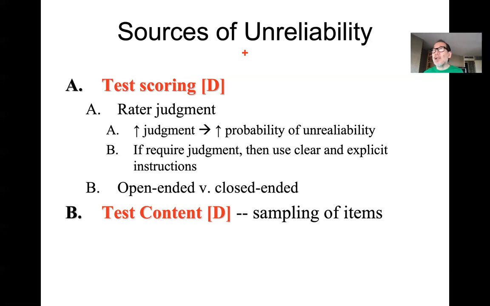To the extent there's lack of clarity in terms of what the question is asking, could it pull out different responses from different examinees, or from the same examinee but at different times, because it's not clearly worded? That's going to introduce error into what you're trying to measure. This deals not with how the test is scored, but with the test itself. How is it worded? How is it drafted? And so on.